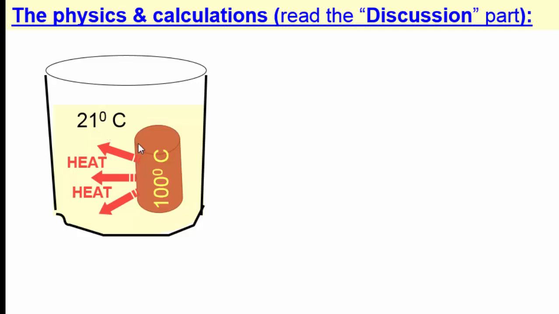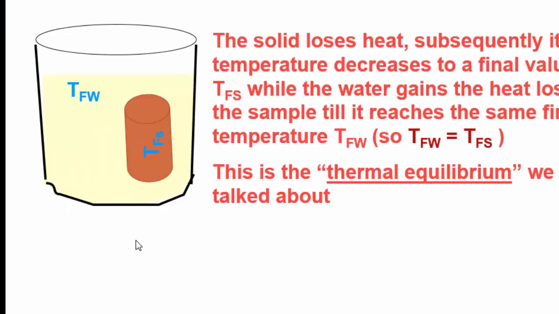As long as they are in contact, the heat will continue transferring until they reach what we call thermal equilibrium. At thermal equilibrium, all objects in contact will have the same final temperature, and the heat lost by the hot object is equal to the heat gained by the cold object because energy is conserved. Now let's look at the factors that affect the heat exchange.